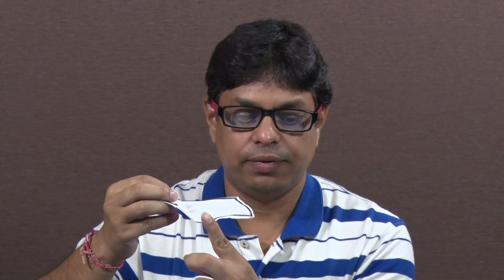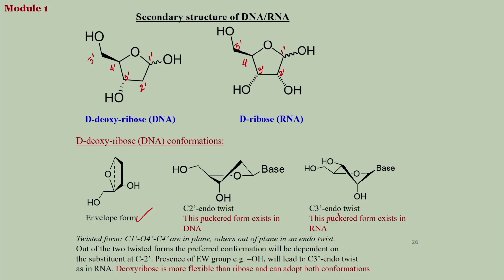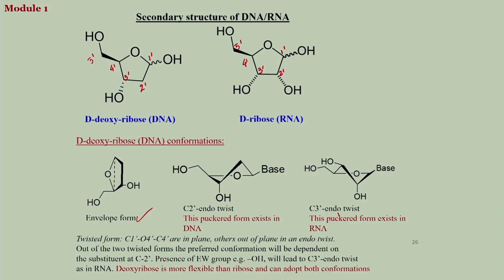At the 4 prime position, you have the CH2OH that is up the plane. The 1 prime position I am not defining, because the nucleobase comes there, and the nucleobase usually comes from up the plane.